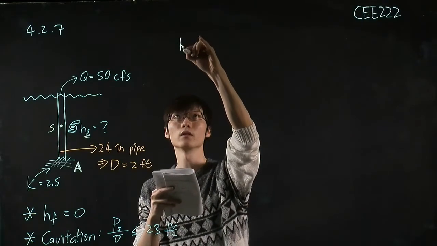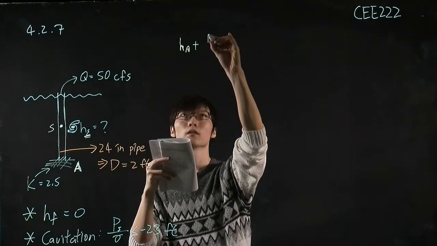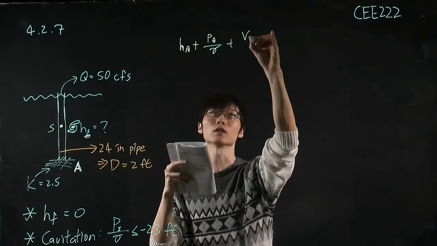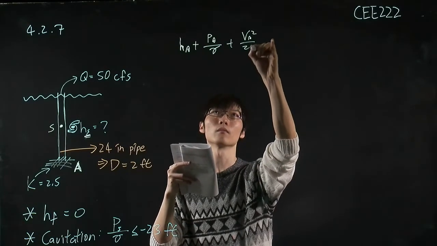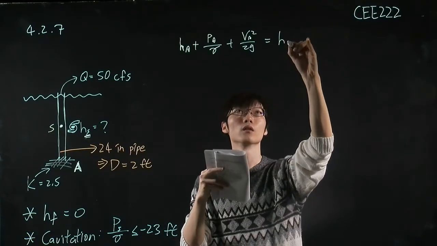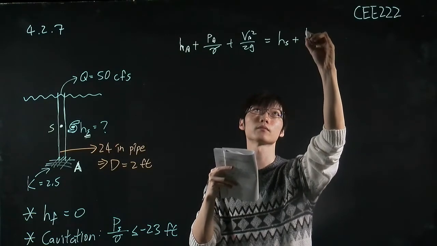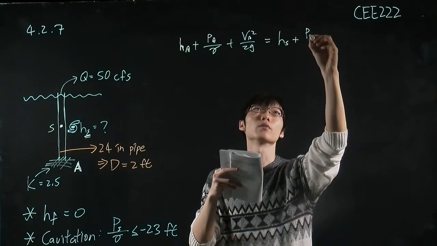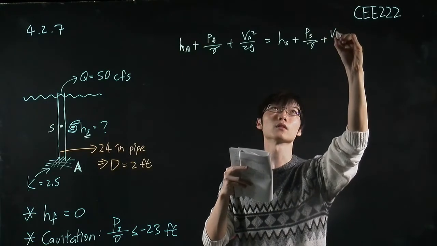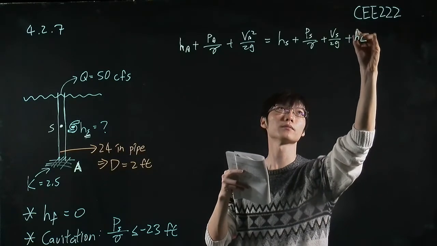HA plus PA plus the velocity term will equal to the location of the pump and the pressure term for the pump plus the velocity term plus the head loss.